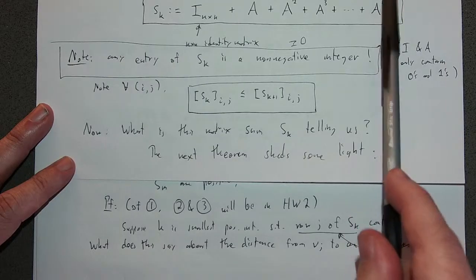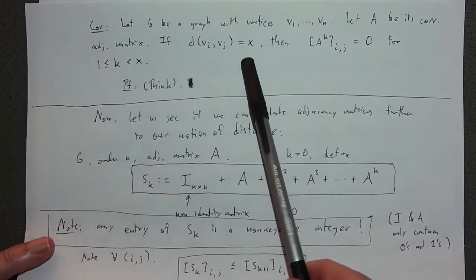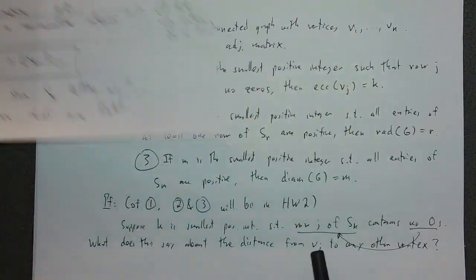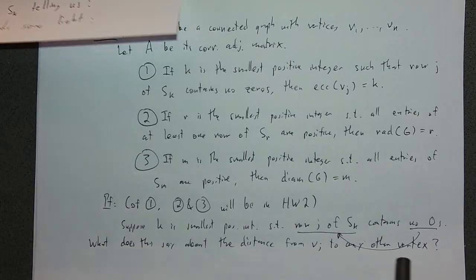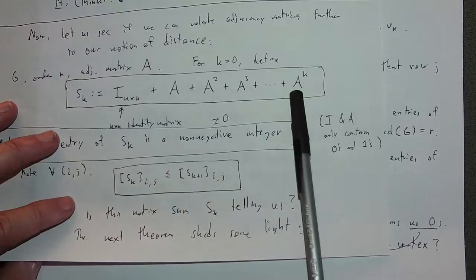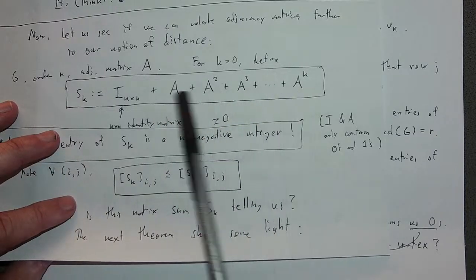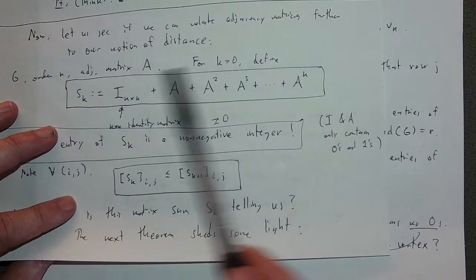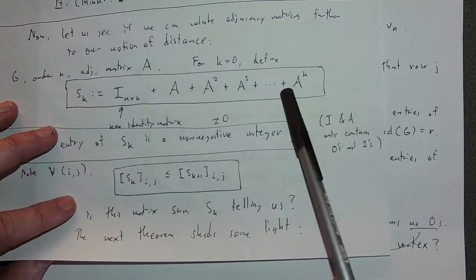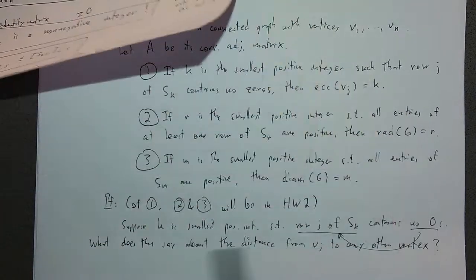It means necessarily, think of this corollary, that the distance from v sub j to any other vertex cannot be greater than k. Because if it was greater than k, all those corresponding entries, whatever that vertex might be, would be 0, even in A to the k, which would yield a 0 entry in that row.